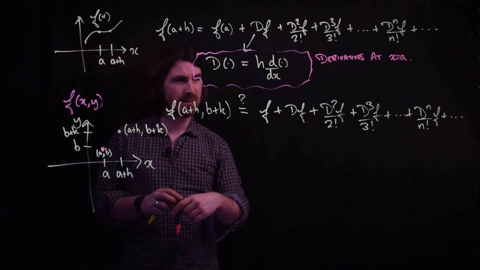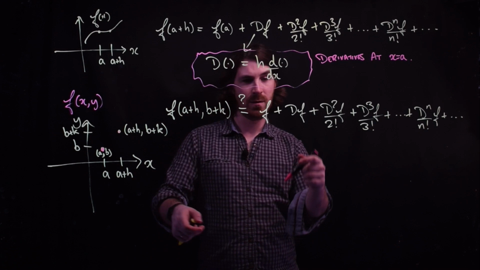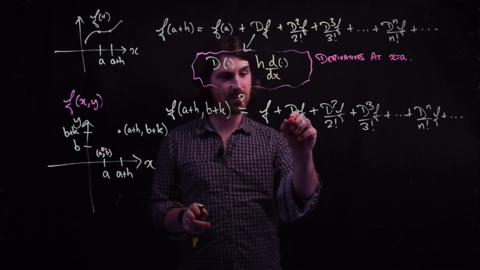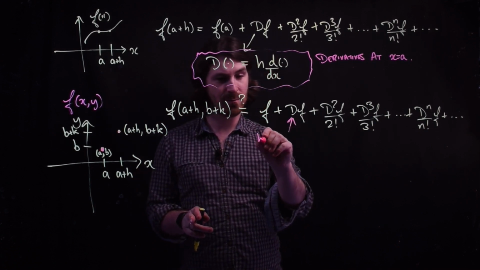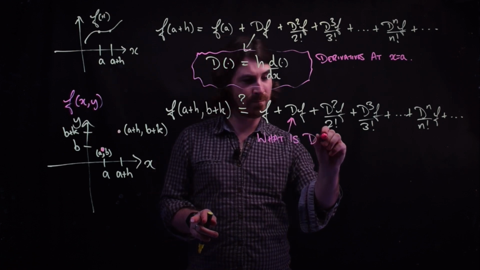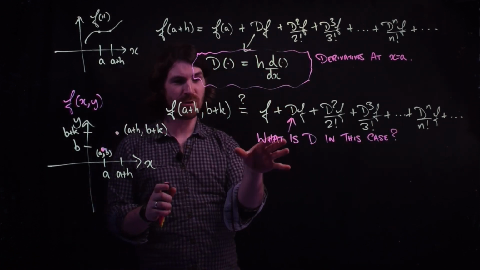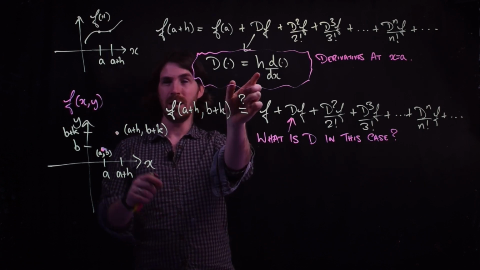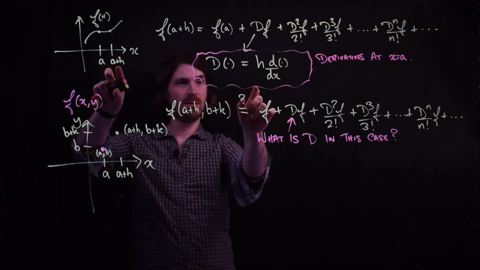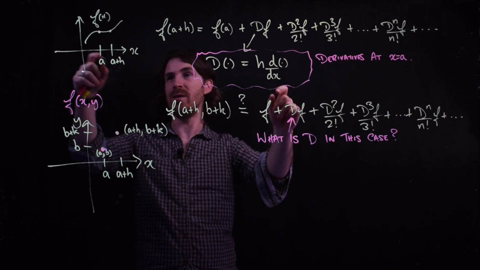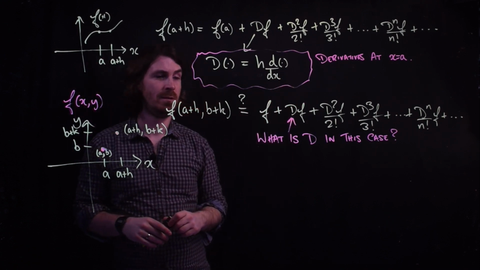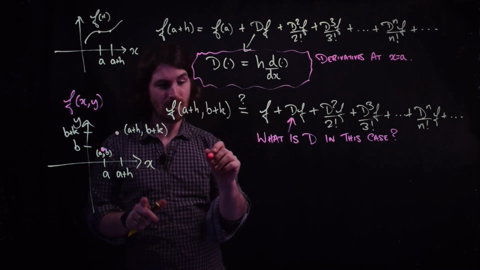So what is this d? In the multivariable case, the function of 2 variables, well, here it was the step size times the derivative in the direction. So it's the same in this case.